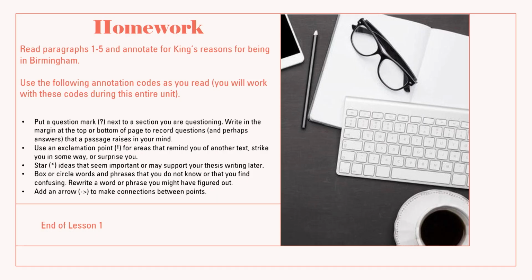I don't remember off the top of my head, but we boxed in two words and we put those definitions in the margins of our text. As you're reading through paragraphs 1 through 5, continue doing that. Write those definitions down in your margins, and you can put those definitions in your own words. And then I want you to draw an arrow to make connections between points. So if at some point in paragraphs 1 through 5, he is making connections between different points, I want you just to draw an arrow.